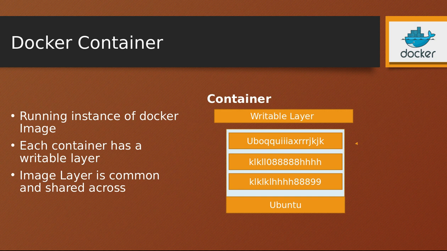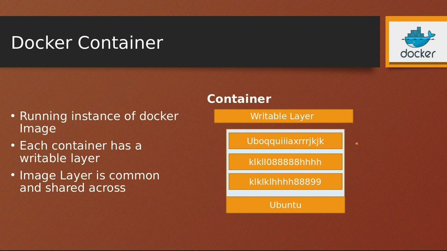But the problem with this is that it is tightly coupled with the container lifecycle. Once the container dies, this writable layer is no longer accessible. So this data goes. And when I say the container dies, I mean the container is removed, not stopped, but totally removed, then the data is lost.